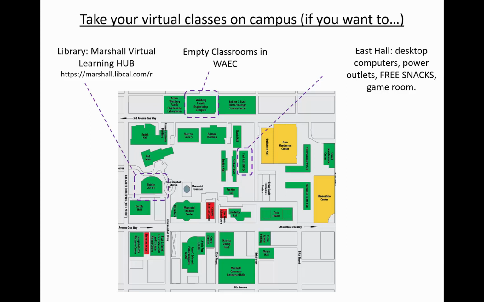In the library, they have what are called virtual hubs set up, and you can make a reservation at the web address that's shown on the screen there in order to use the virtual learning hubs at the library. Of course, we have empty classrooms, loads of available seating here in the Applied Engineering Complex, and so you're more than welcome if you're looking for a strong internet connection. We've definitely got it here in the engineering building.